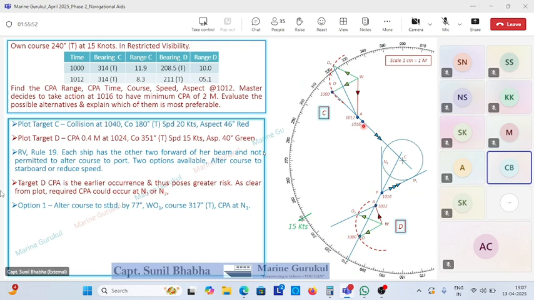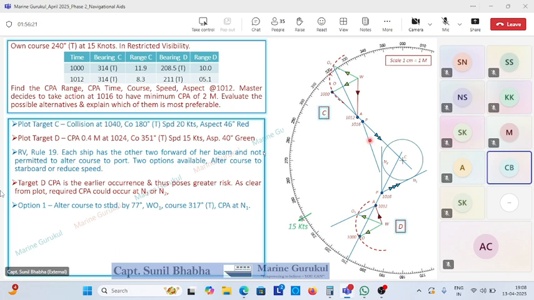Interpolating, we obtain the predicted position of target Charlie at point P here. Now we transfer the new line of approach, that is Oscar 1 Alpha, to point P. So you can see a line parallel to Oscar 1 Alpha coming at point P. This will be the new relative line of approach for target Charlie.